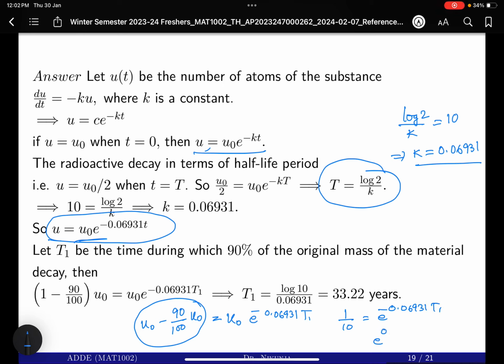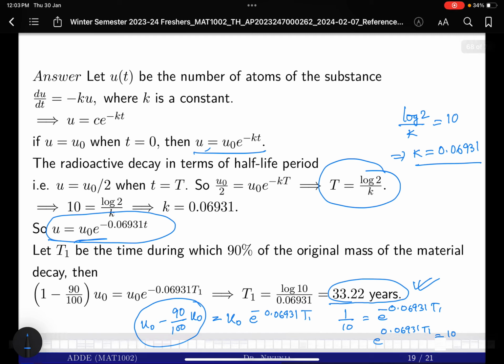So e power 0.06931 capital T1 is equal to 10. Now take logarithm both sides, and after that do the calculation. You will get 33.22 years as the answer. You should take help of your calculator as well.